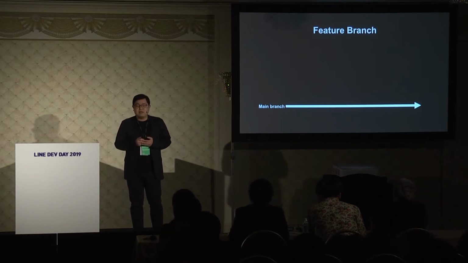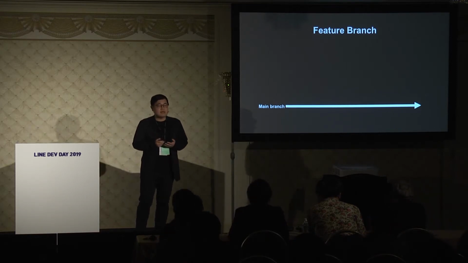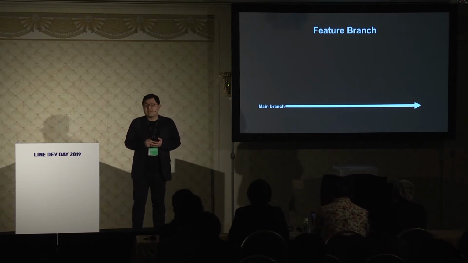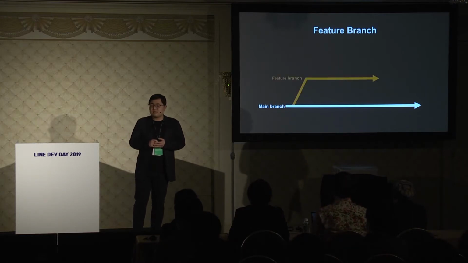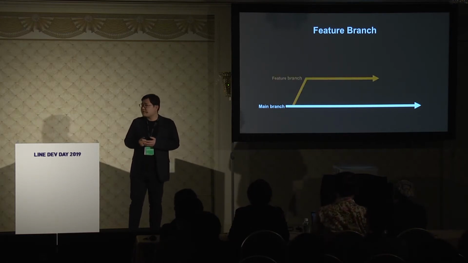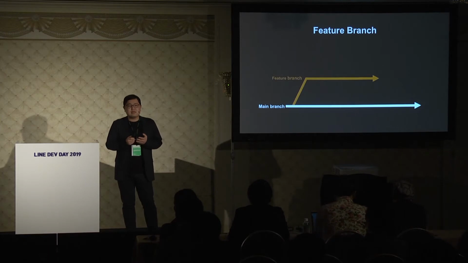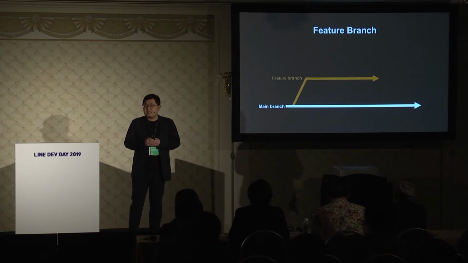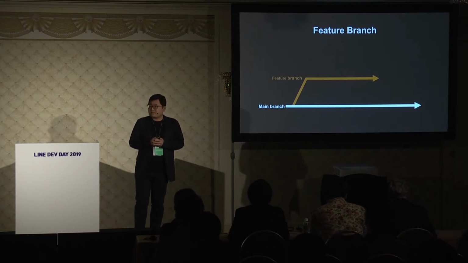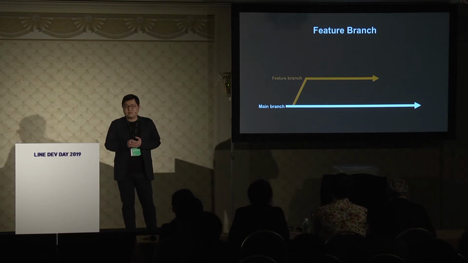So this is the basic concept of feature branch, the development with a feature branch. The main branches are called master or trunk or development. From a main branch, to develop some feature, you generate a branch, and that is called a feature branch.